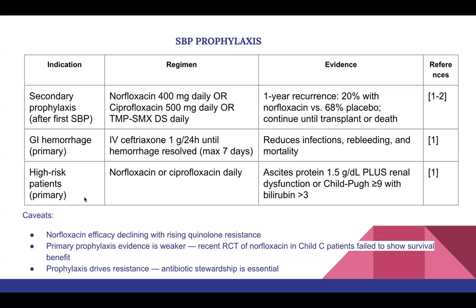But some providers also want to be very careful with this patient. So norfloxacin or ciprofloxacin daily is recommended as well, in patients with ascitic protein of less than 1.5 grams per deciliter plus renal dysfunction, or Child-Pugh score of greater than 9 with bilirubin greater than 3.